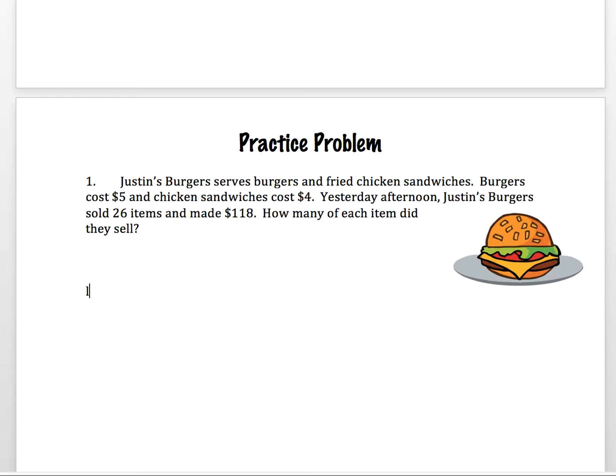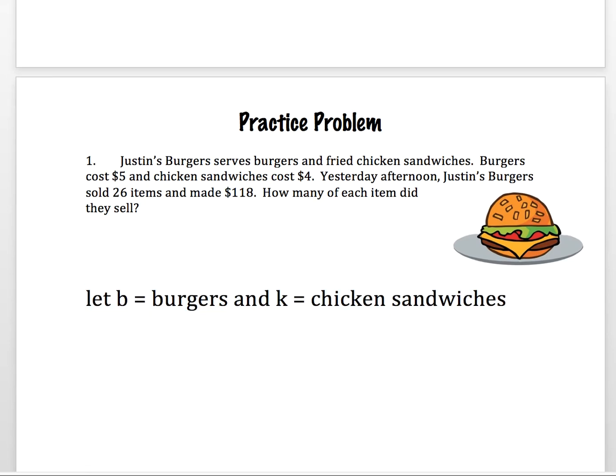So our first step is always to define our variables. We're going to let B equal burgers and K equal chicken sandwiches. That's what we're trying to find. How many of each of those did they sell? Next step is to come up with two equations.